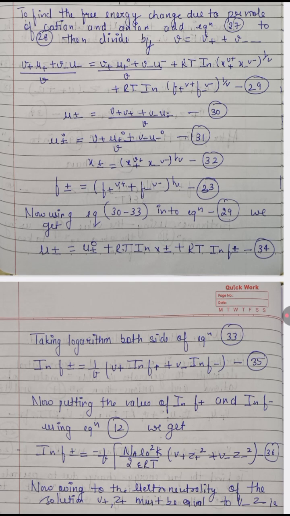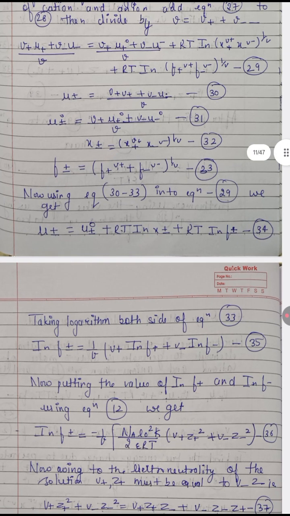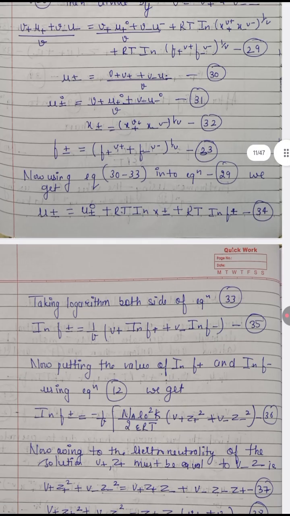To find the free energy change per mole of cation and anion, add equations 27 and 28, then divide by nu equals nu plus plus nu minus.